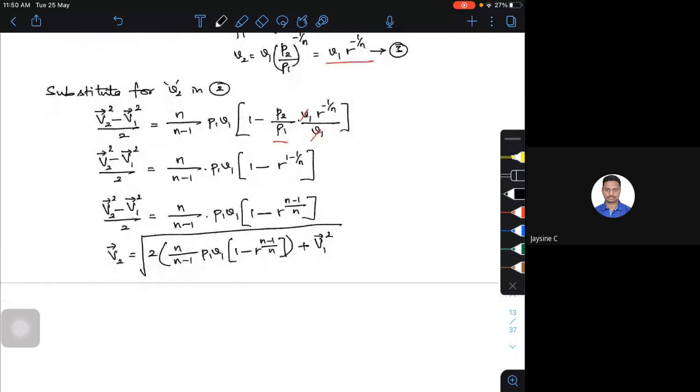Let me call this equation number 4. This is the expression for exit velocity with the inlet velocity considered.